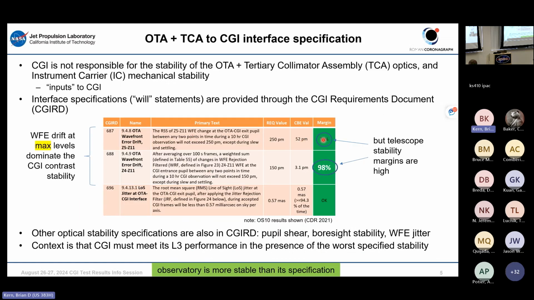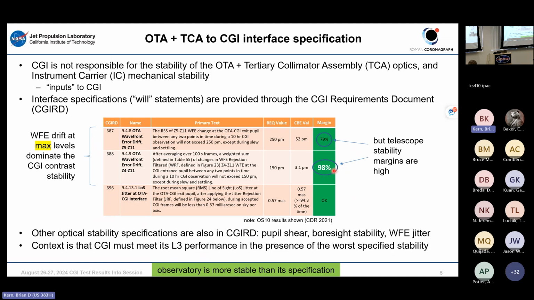The instrument is not responsible for the wavefront stability coming into the instrument. As John was talking about the low performance, there's a guaranteed level of stability baked into the specification that CGI receives from the rest of the observatory, but the margins are huge.